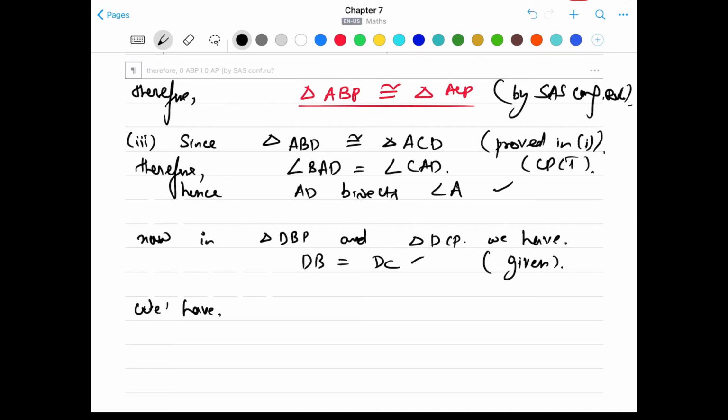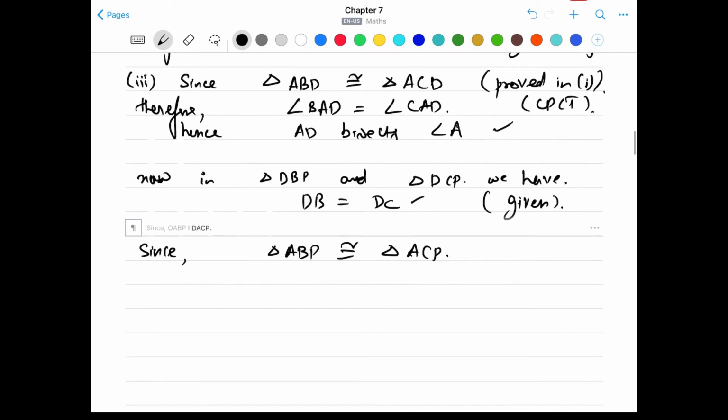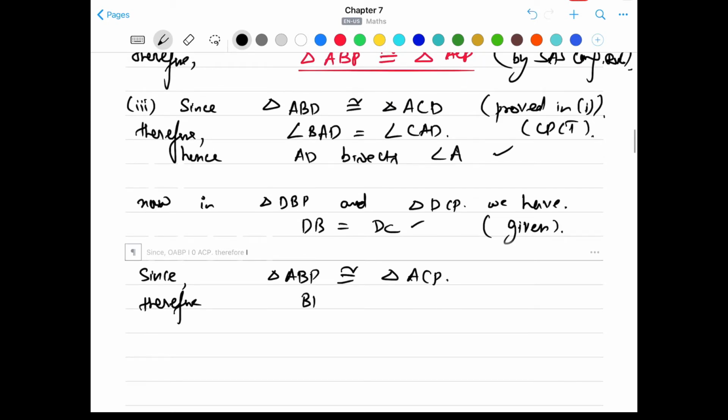So we can write, since triangle ABP is congruent to triangle ACP, therefore the corresponding side BP will be equal to PC. This is proved in the second part, and this is by CPCT. Since these two triangles are congruent, their corresponding parts will be equal.